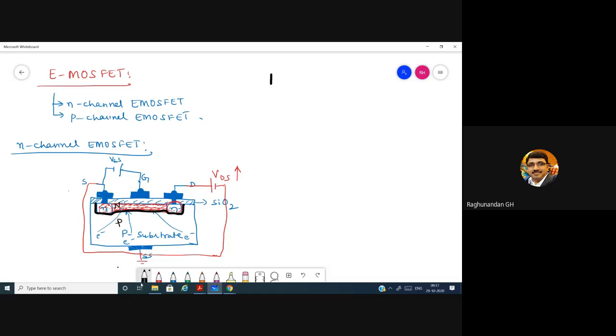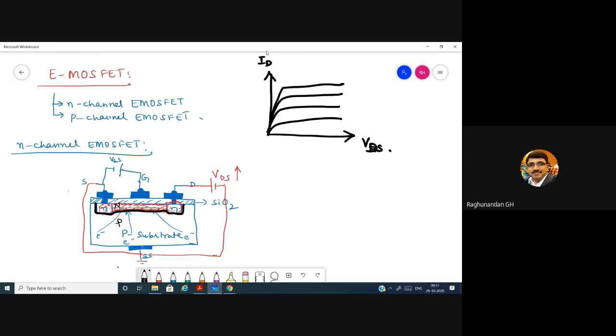Coming to the characteristics, the drain characteristics are the same in this also. I mean, the same ID versus VDS, and the same curves we have.